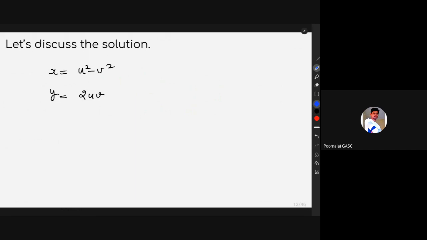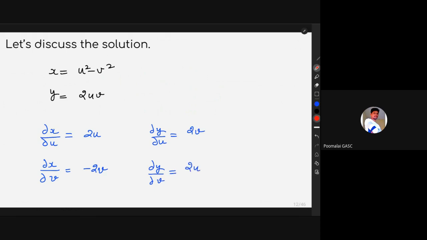So the partial derivative of x with respect to u is 2u, the partial derivative of x with respect to v is minus 2v, the partial derivative of y with respect to u is 2v, and the partial derivative of y with respect to v is 2u.